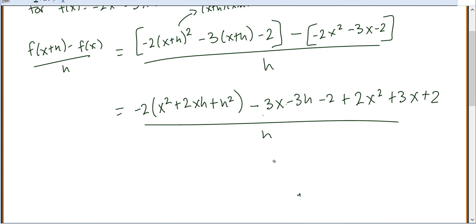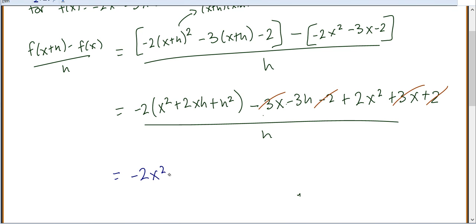Okay, let's see if there's anything we can cancel yet. Negative 3x, positive 3x, positive 2, negative 2. This negative 2x squared and positive 2x squared, that'll cancel, but I better write it out in a couple steps so we don't get confused, because I didn't distribute that negative 2 yet.